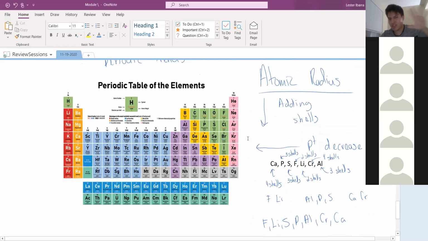That's strictly for neutral form, but the same applies about adding shells and the number of protons. That matters a lot. So all the other trends are the opposite of atomic radius. They all increase as you go up and to the right. So that's a short summary of the rest.